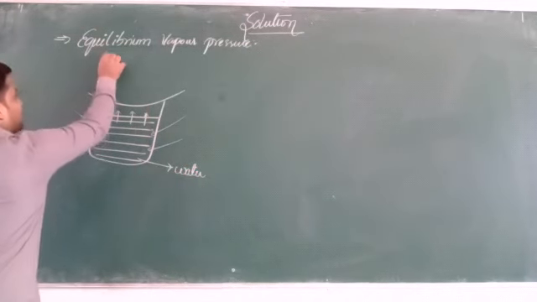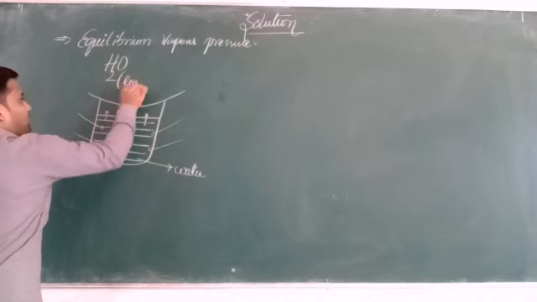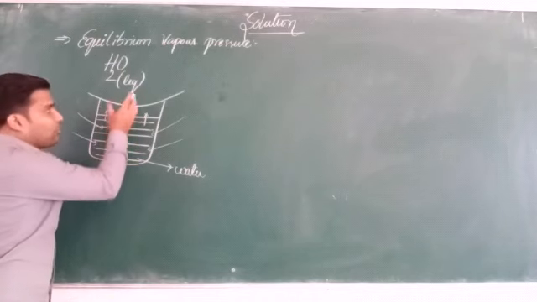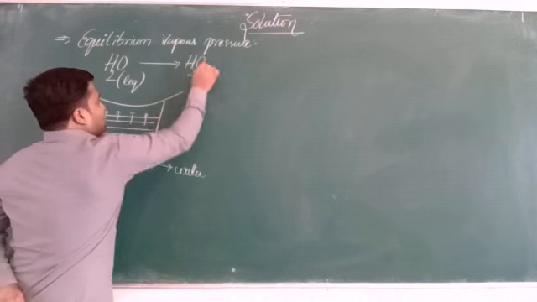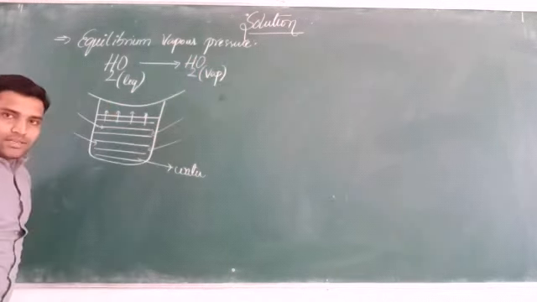If you take water here, that is H2O in liquid form, right? After some time it starts to evaporate. That means H2O liquid is turned into H2O vapors, that means water vapors.